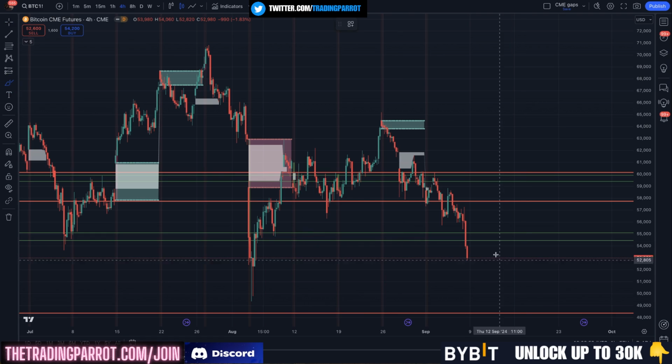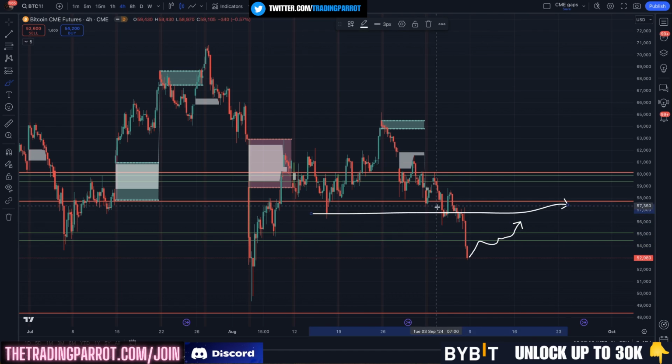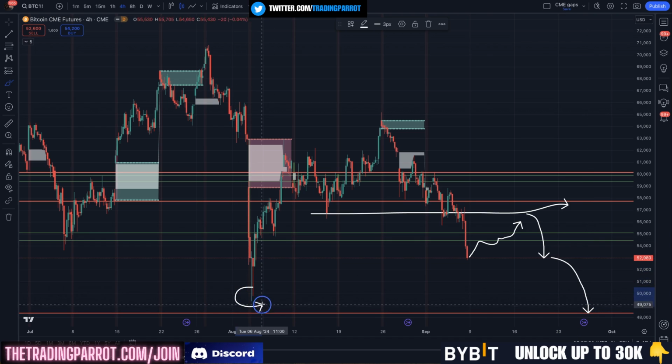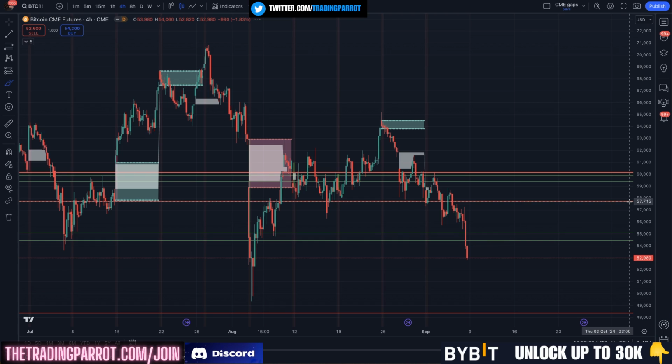So what I wouldn't like over this weekend, of course, is to see the price showing some sort of recovery into the 56, 57, finding resistance somewhere there, and then, since the CME gap tends to get filled, the price coming back down to revisit the 53K to take that liquidity, because that will be perceived as the perfect retest of the breakdown to lower prices, and it will tell investors that we are quite likely to continue going even below the previous low that we had at the beginning of August. Something that I would quite like to see over the weekend.